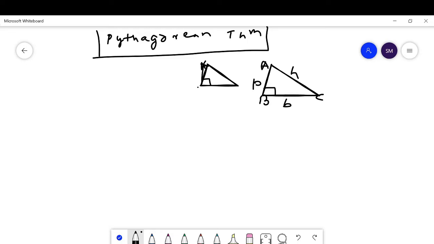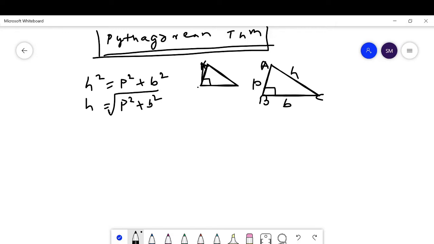The side opposite to the right angle is called the hypotenuse. According to the Pythagoras theorem, h square is equal to p square plus b square, which means h is equal to the square root of p square plus b square.